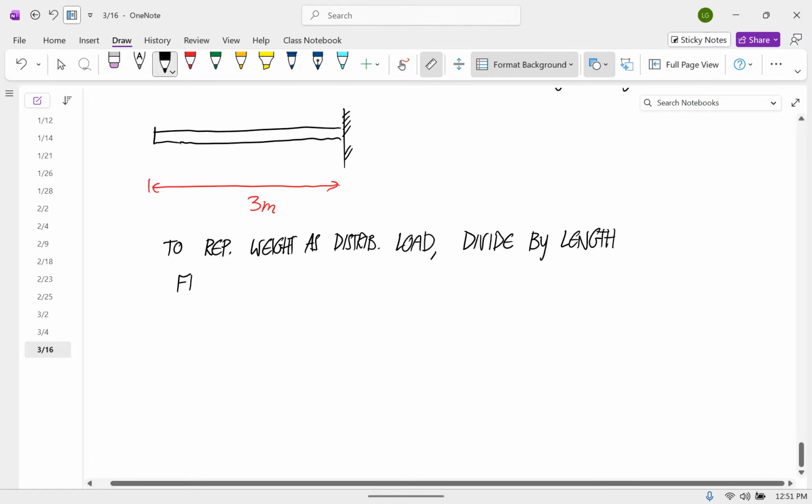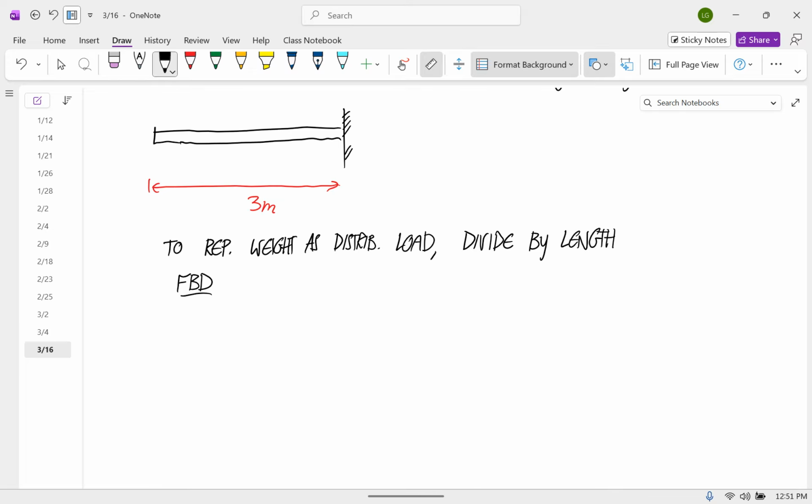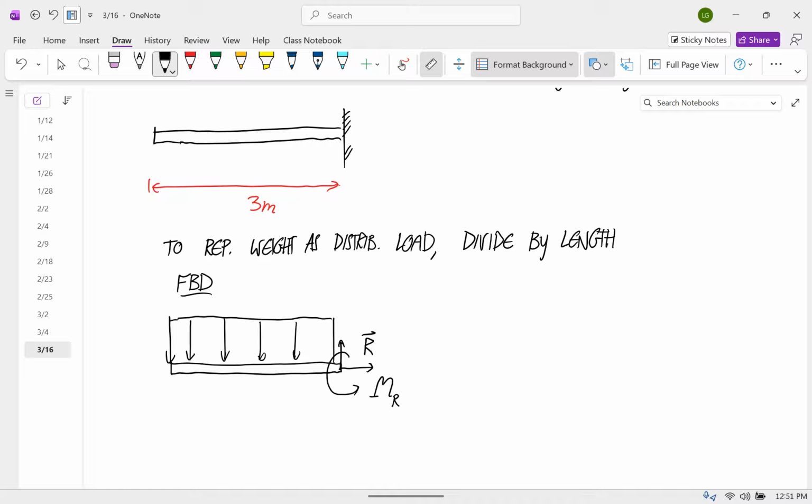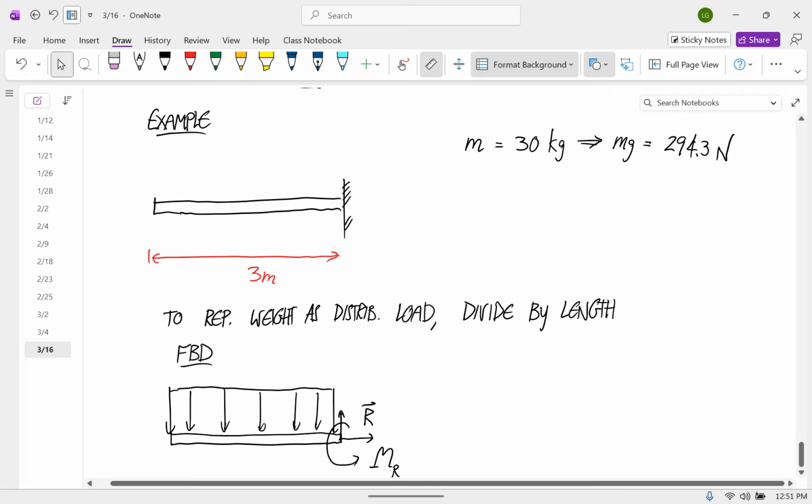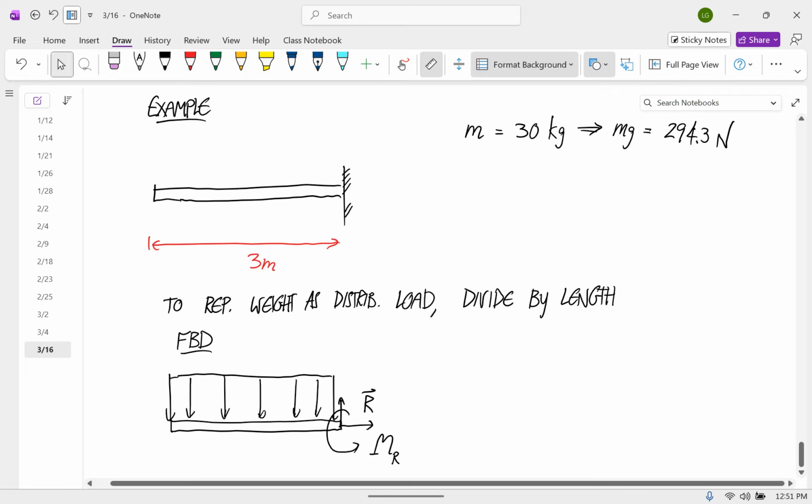So a free body diagram looks like this. We have a force over here, I'll call that R. We have a couple, I'll call that reaction moment, MR. And then our distributed load is uniform, with a height of 294.3 divided by 3 meters.